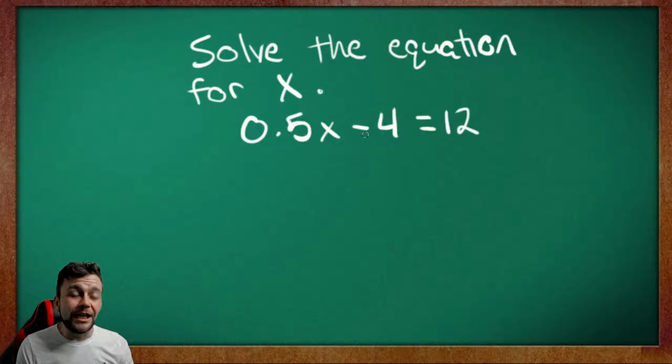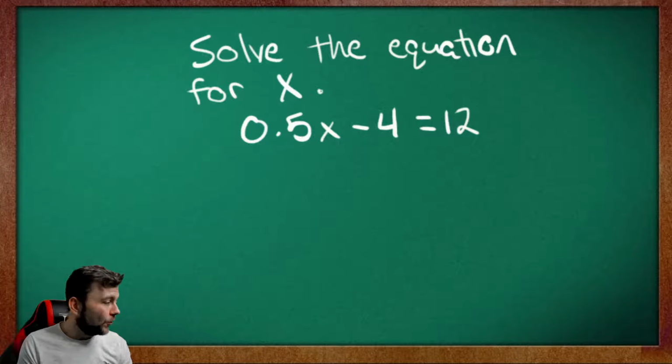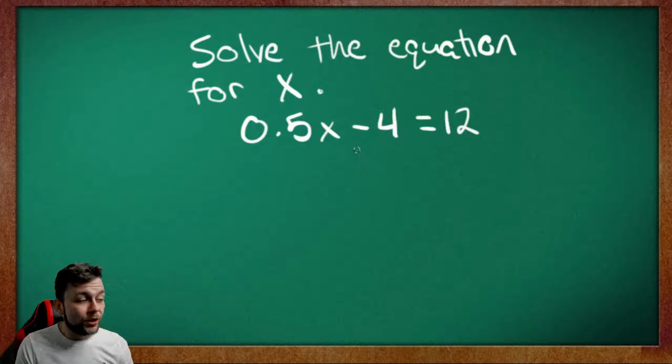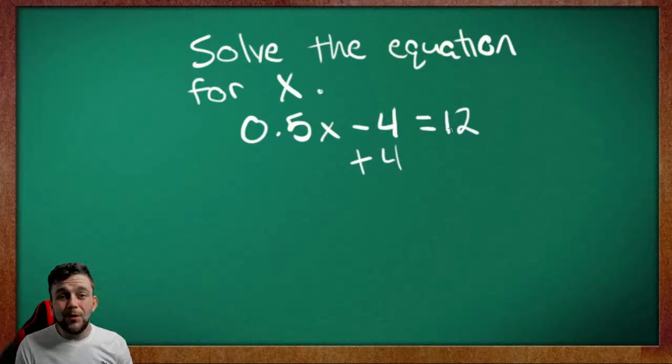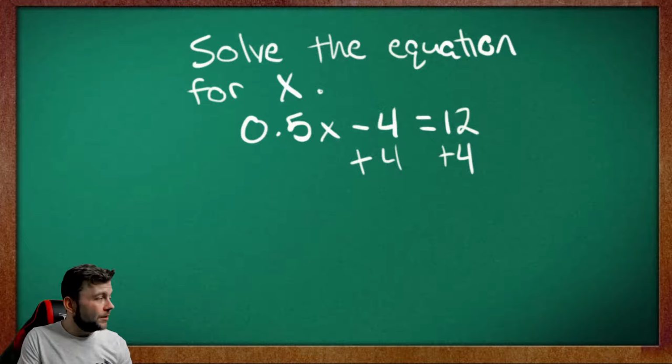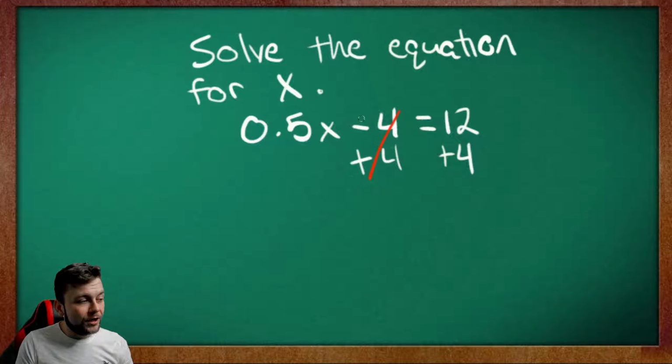So what is the inverse operation, the backwards operation of a minus 4? It is a plus 4. So we're going to do plus 4. And just like the other example, we have to do it to both sides. So we're going to do a plus 4 over here. And our minus 4 and plus 4 cancel out.